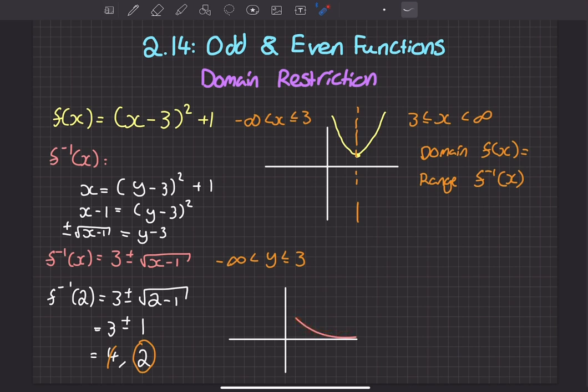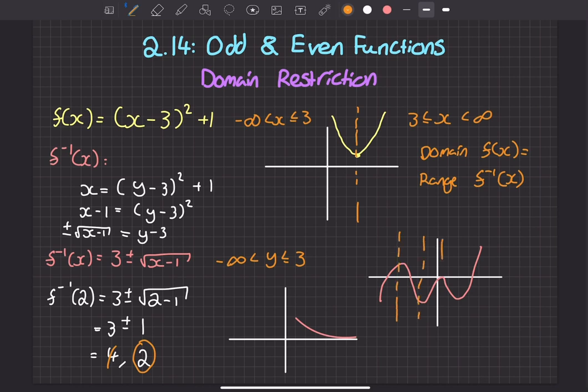And to generalize domain restriction, we did this for quadratics, where we said we just put a line across the vertex, the turning point. But if you had a function like, let's say, something like this, what you can do is draw a line across every turning point.